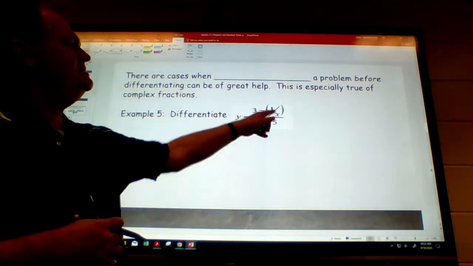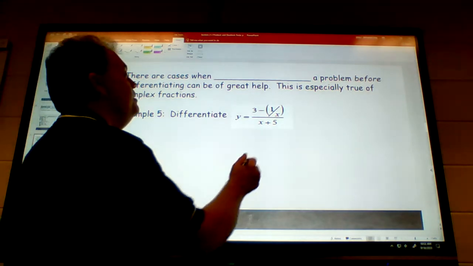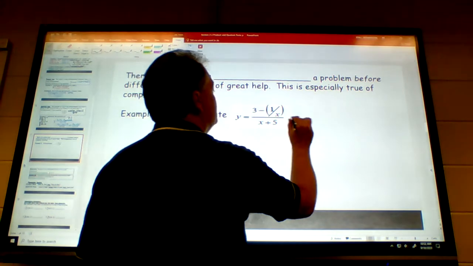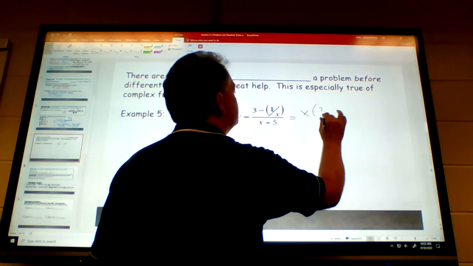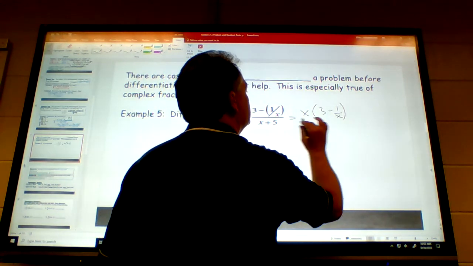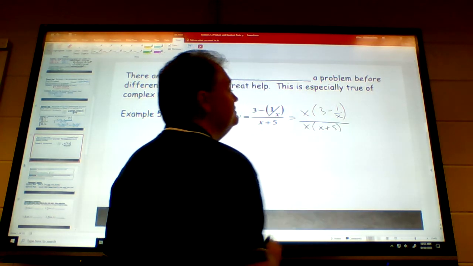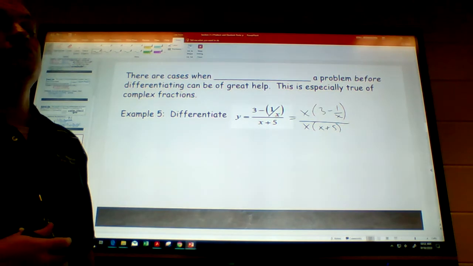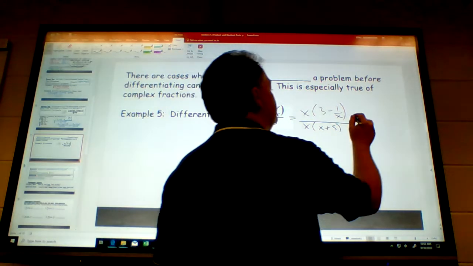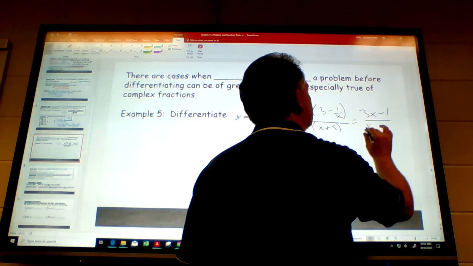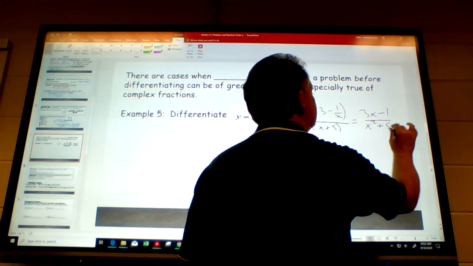We want to get rid of this x on the bottom, so we multiply both the top and the bottom by x. So I'm going to multiply x times 3 minus 1 over x, and then x times x plus 5. That doesn't change the value of the equation, it just makes it easier to work with. So that's going to give me 3x minus 1 all over x squared plus 5x.